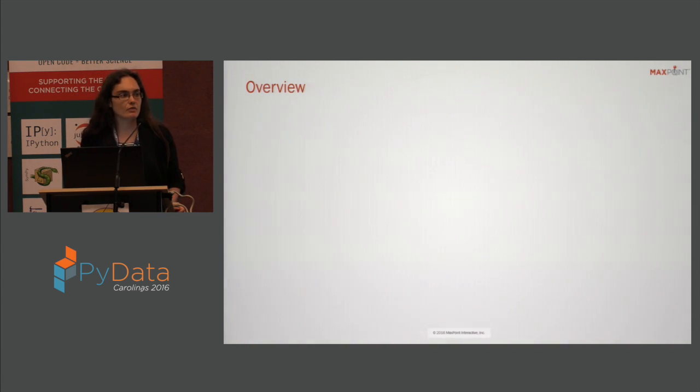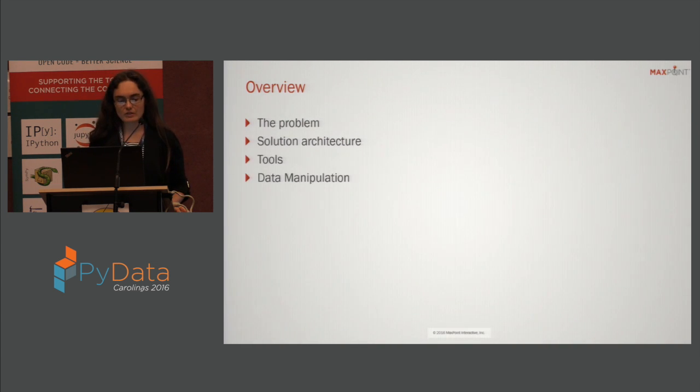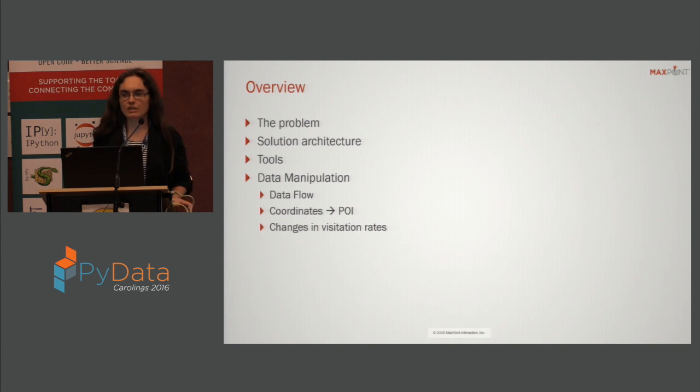So I wanted to give you a little overview of my talk before I get into the details. First, we'll go through the problem, solution architecture, the tools we used, data manipulation, the data flow, how we get from geocoordinates to point of interest data, and how we can measure changes in visitation rates to our points of interest, as well as co-visitation rates.